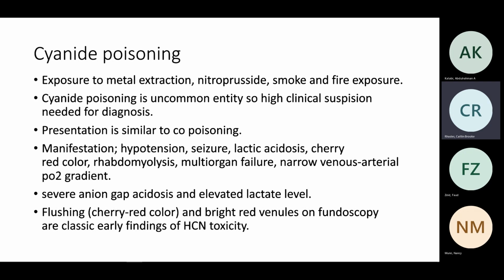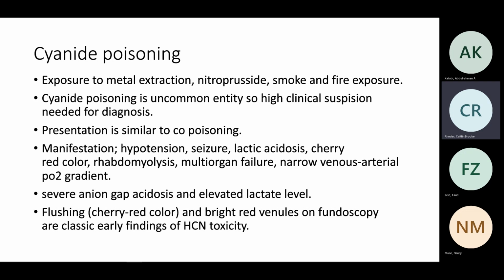Cyanide poisoning comes from exposure to metal extraction, nitroprusside, smoke and fire exposure. It's uncommon, but high clinical suspicion is needed for diagnosis. Presentation is similar to CO poisoning, and they usually come with CO poisoning and cyanide at the same time. It comes with hypotension, seizure, high lactic acid, and cherry red color because of the high affinity for oxygen; even when you do a venous gas, it looks like an arterial gas.